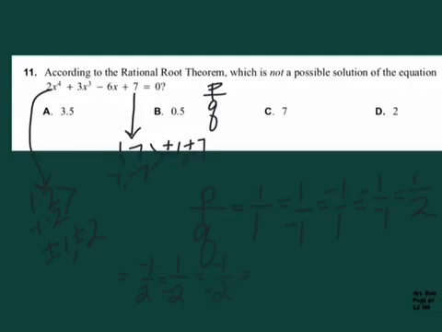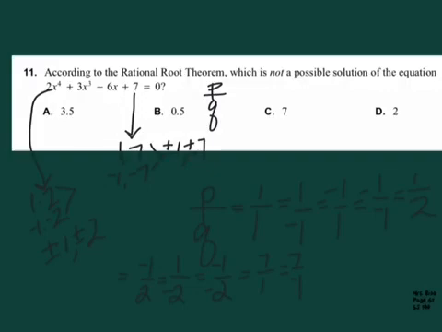Then let me do the P's divided by Q's with 7. Positive 7 divided by positive 1, positive 7 divided by negative 1, negative 7 divided by positive 1, and negative 7 divided by negative 1. This makes it look like all those fractions are equivalent, but they're not. They're all possibilities of the roots for that problem.